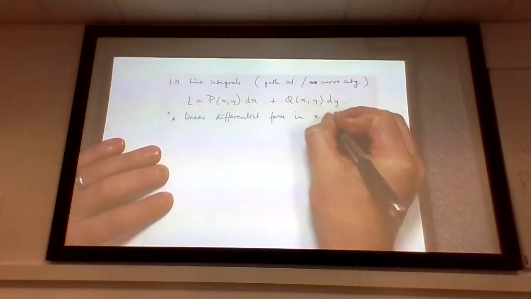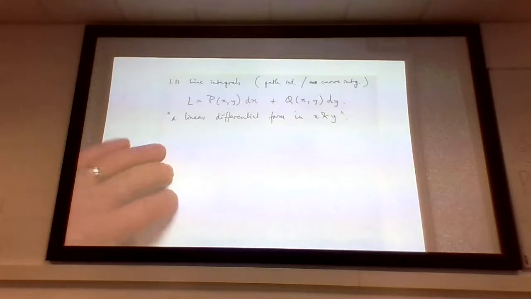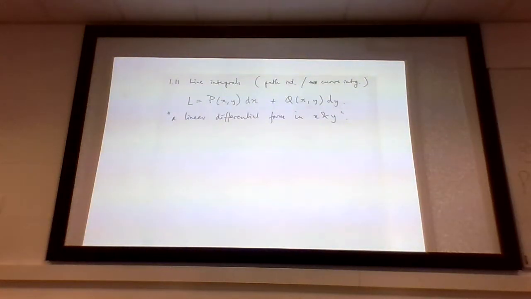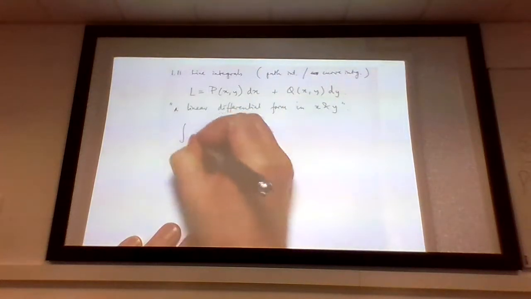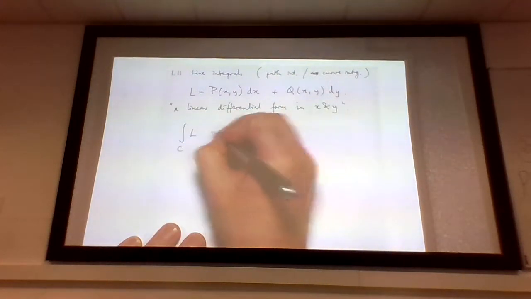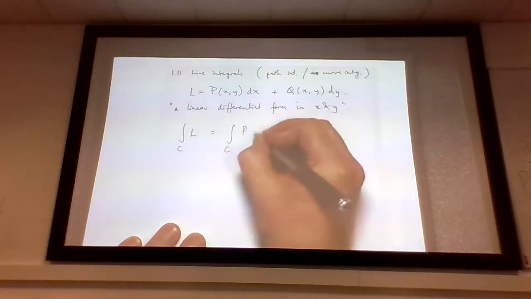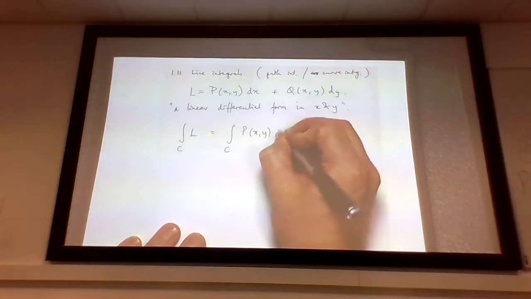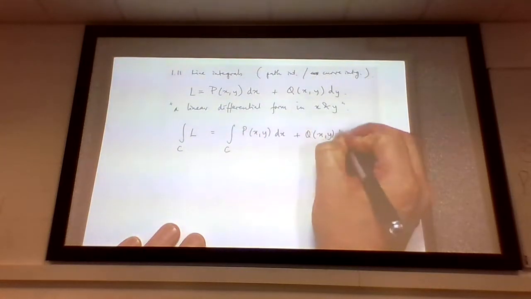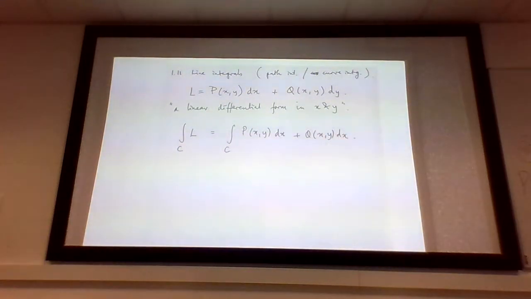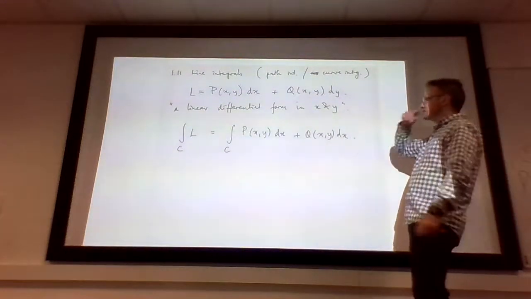A linear differential form in x and y. And these are the kind of things that we're going to be integrating. We can sometimes suppress the x and y in brackets after the P and Q. It's understood that P and Q are functions relying on x and y.